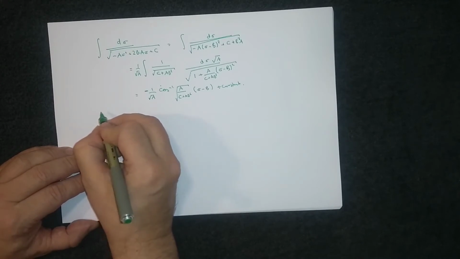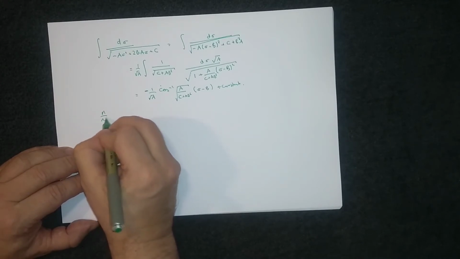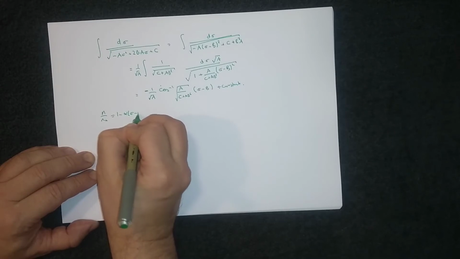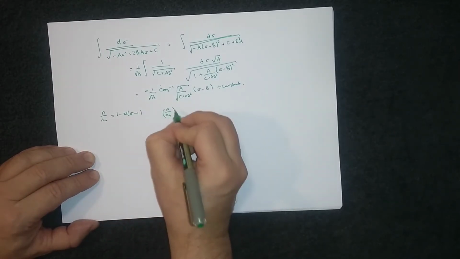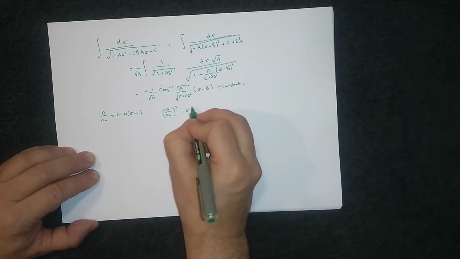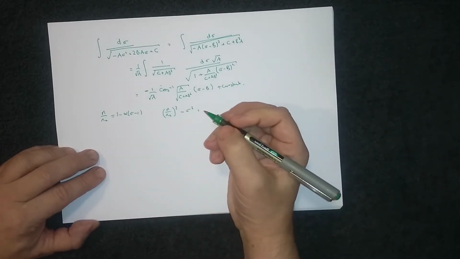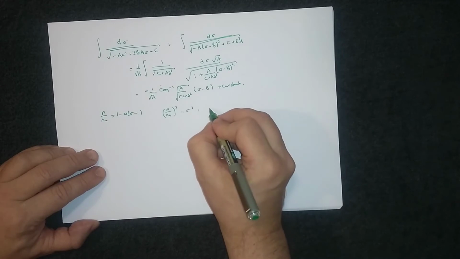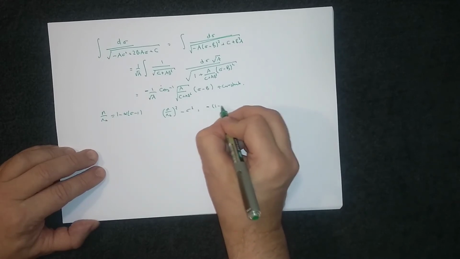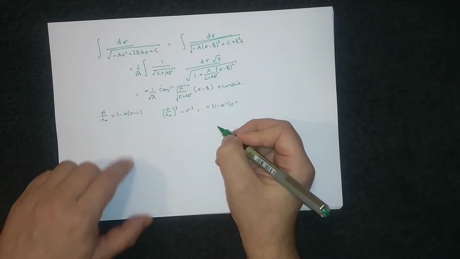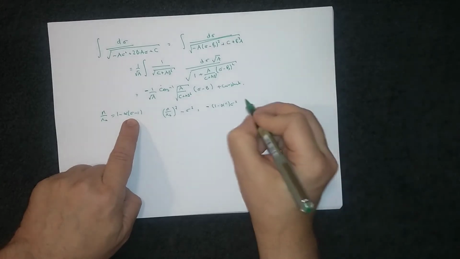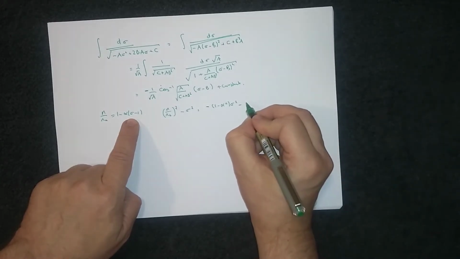We were looking at n over n naught is 1 minus alpha, sigma minus 1. So n over n naught squared minus sigma squared is equal to minus 1 minus alpha squared sigma squared. You get a cross term here.